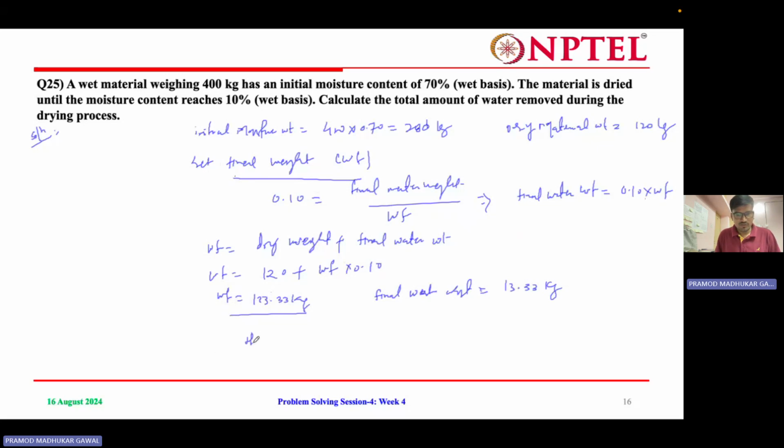Now the water removed is equal to the initial 280 minus 13.33. It's 266.67 kg. So in this process, 266.67 kg of water is removed during the drying process.